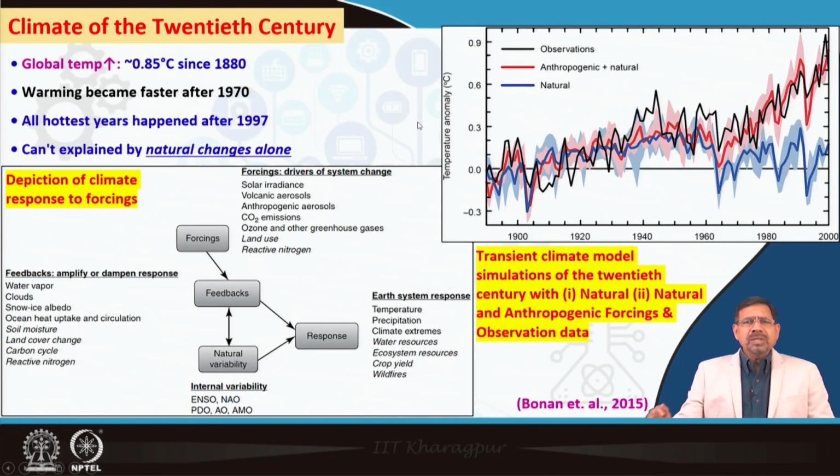So, with these five plus one, six, we can now try to corroborate and get information about our 20th century climate. So, the global temperature rise has gone beyond 1.23, though we mentioned 0.85 since 1880. But when we calculate the global temperature rise, we take the average of 1850 to 1900.